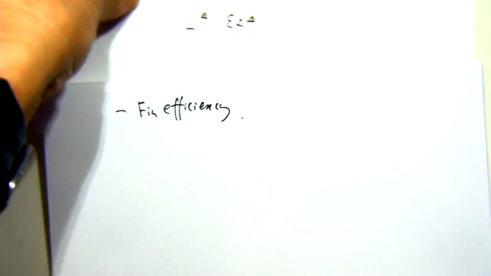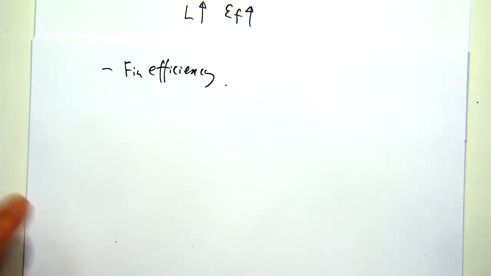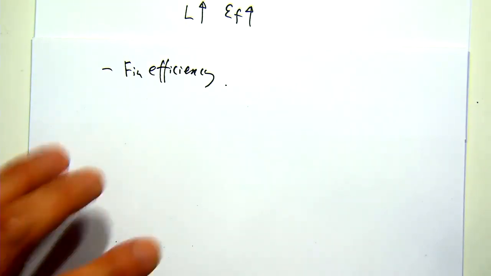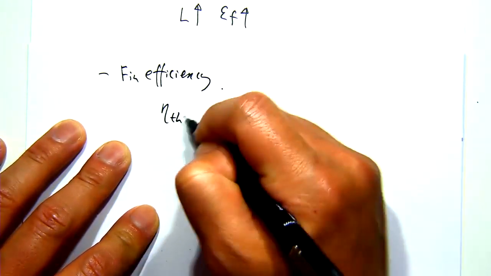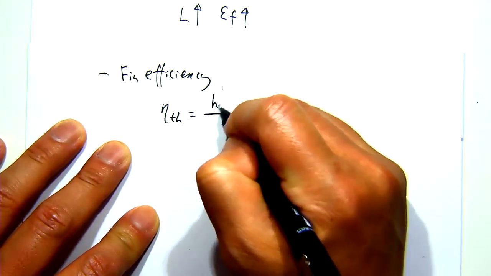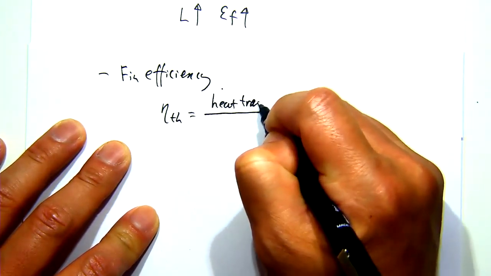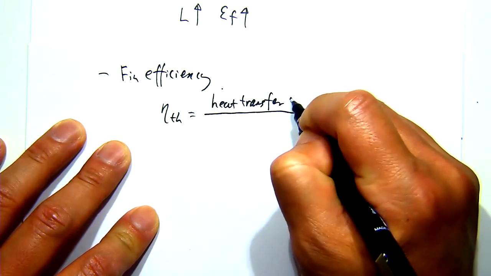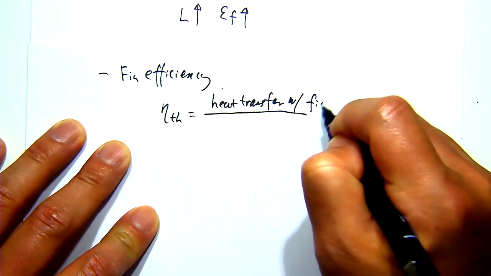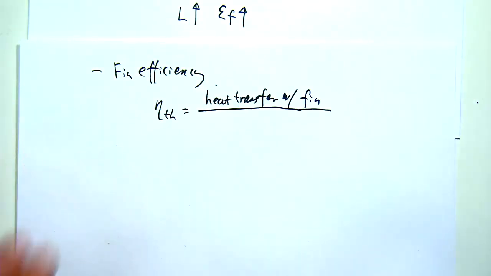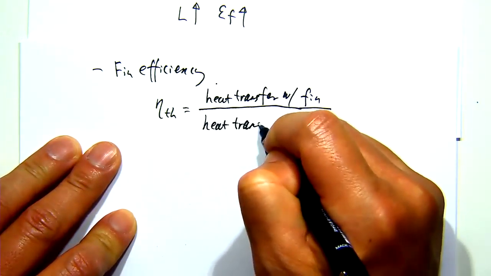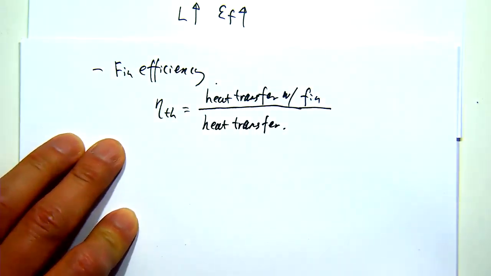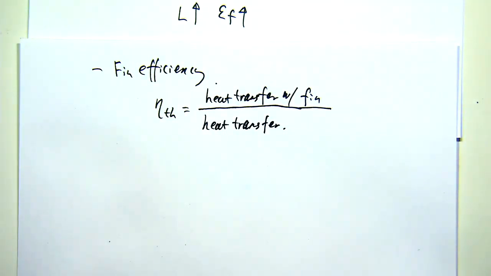All right, the fin efficiency is defined in a similar way as the effectiveness, but certainly they are different. So this one is saying that, again, it's a heat transfer with fin, normalized by another heat transfer term. In this case, it considers an ideal situation, okay?